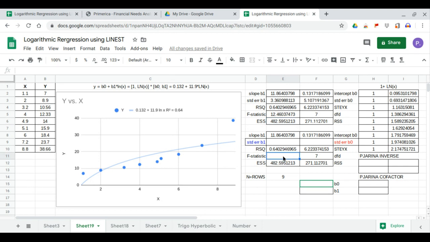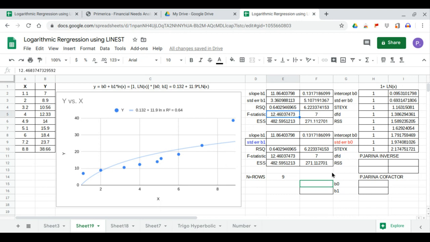Now we can calculate the F statistic, which is equal to ESS divided by the number of independent variables. We have only one for x, so we write here 1, divided by STEYX squared, STEYX to the power 2. 12.46 matches our LINEST output.